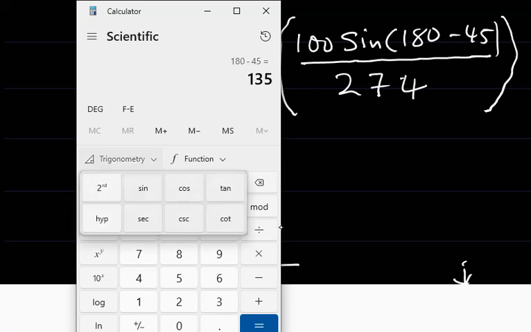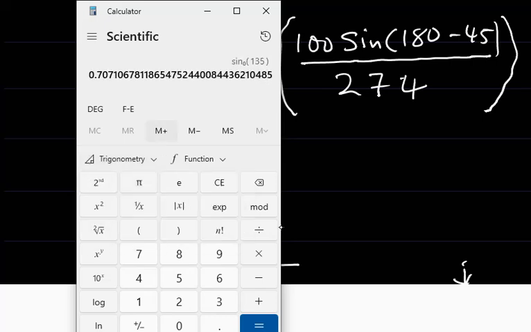Then we evaluate sine 135, 0.7071 approximately, then multiply that by 100, then divide it by 274, which is 0.26 approximately.